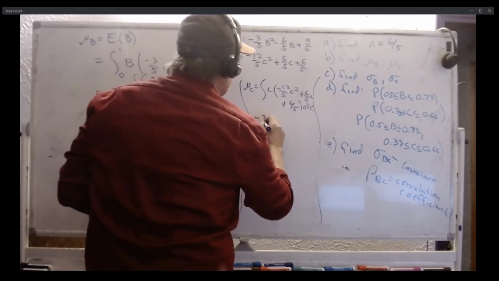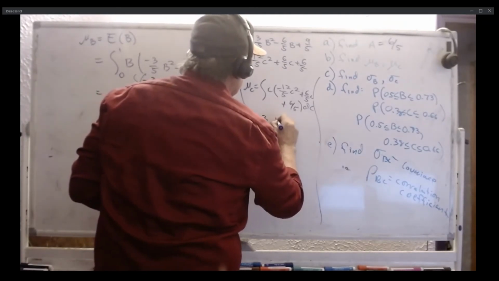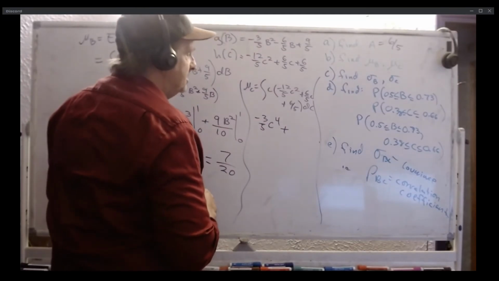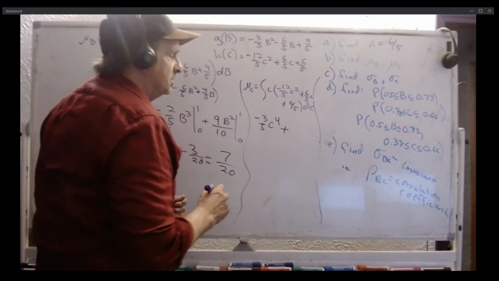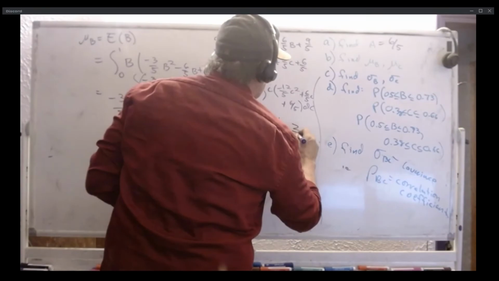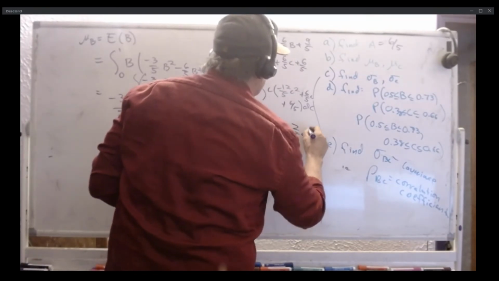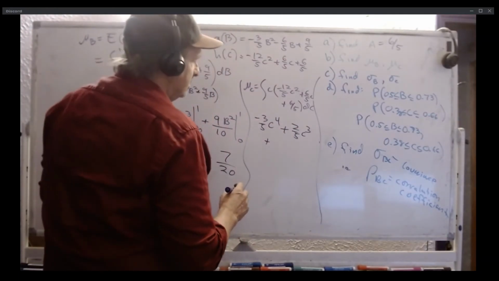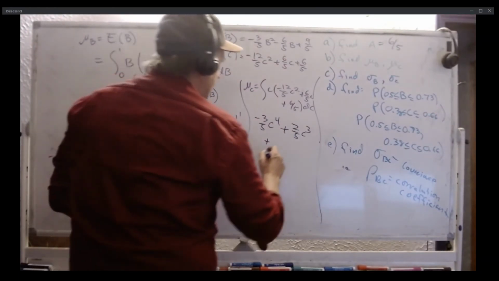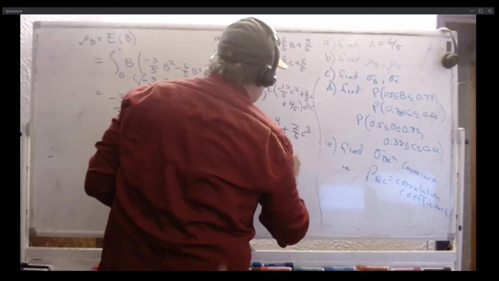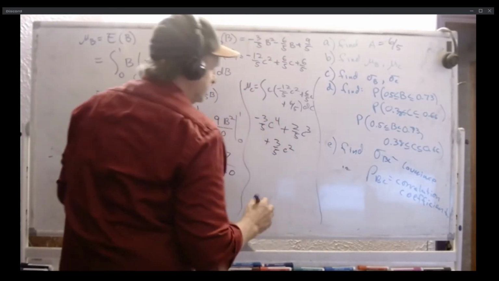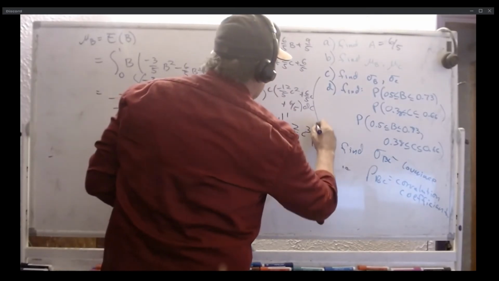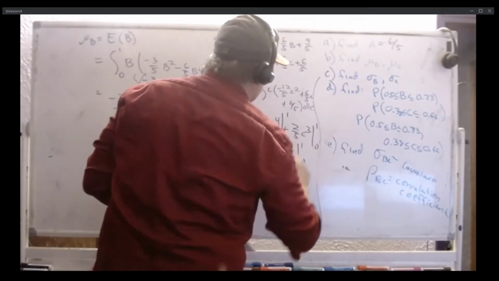Yeah, 3 fifths. Plus, then we're going to integrate C squared, so we get C cubed over 3. So that's 2 fifths C cubed plus 3 fifths of C squared. And this is all from limits 0 to 1.